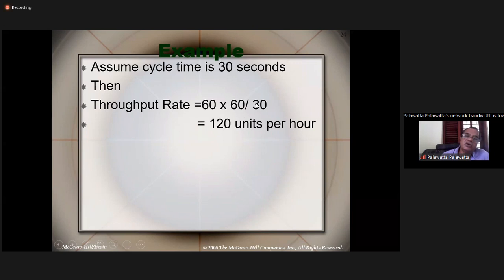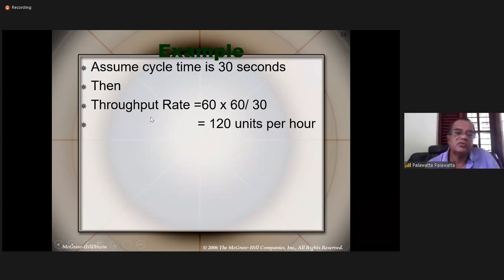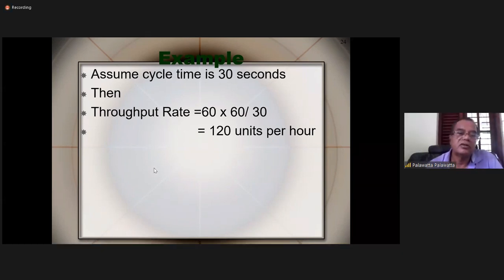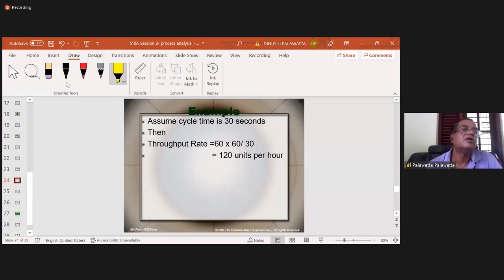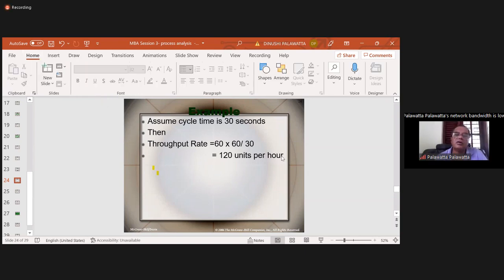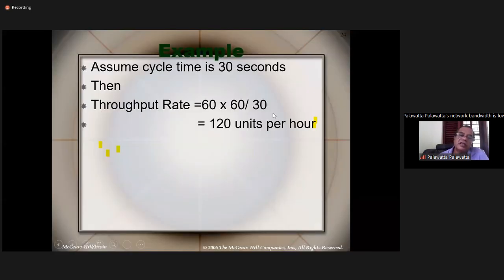And if it is in minutes, it's 2 units per minute. So if it is minutes, then 60 divided by 30 means 2 units per minute.